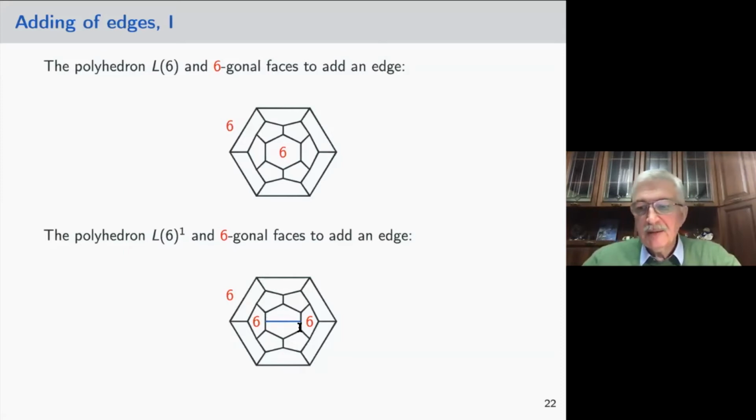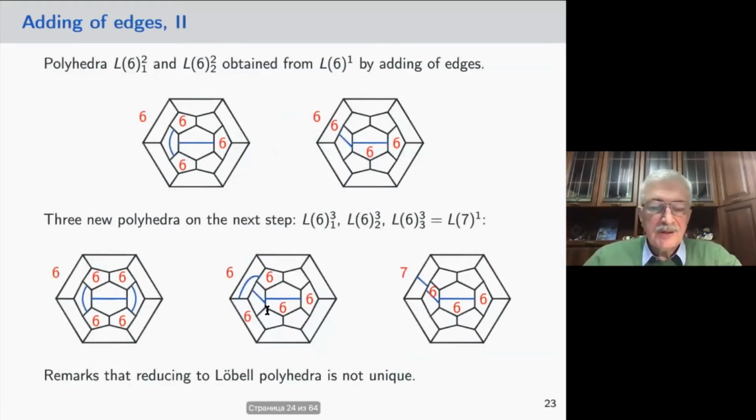So you can apply adding H now to these faces, and you can continue the process. Now we added a new H here and a new H in this position, so you obtain more 6-gonal faces, and you can continue this process, and step by step you obtain new polyhedra, which are Pogorelov polyhedra again, and you know that in this process the volume increases.